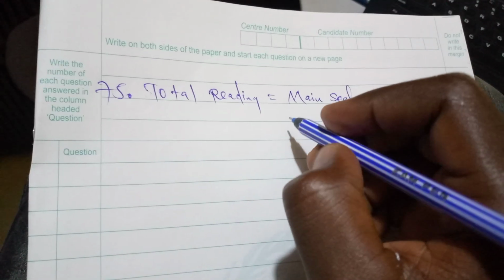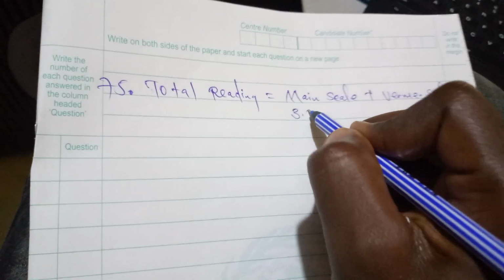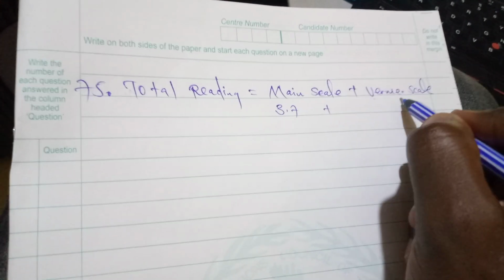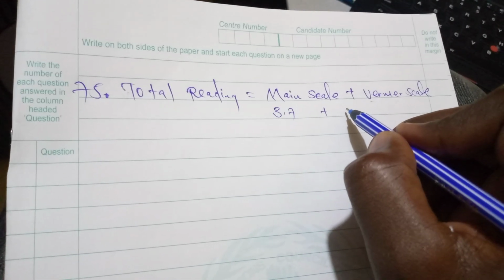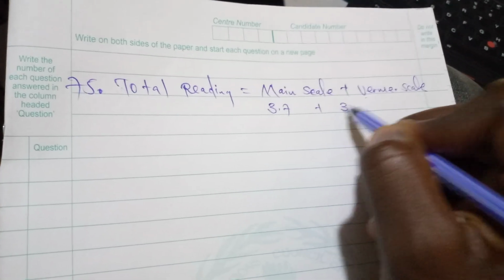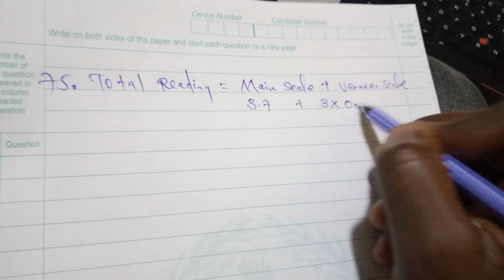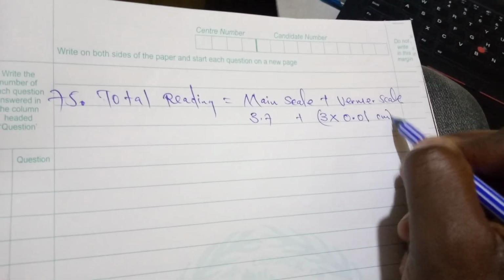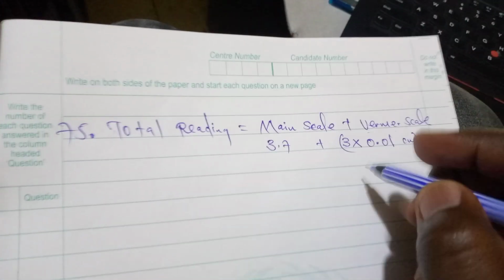We have found our main scale to be 3.7, plus the vernier scale. We obtained the value that was coinciding with the upper part to be 3, and it should be multiplied with the accuracy number, which is 0.01 centimeter.